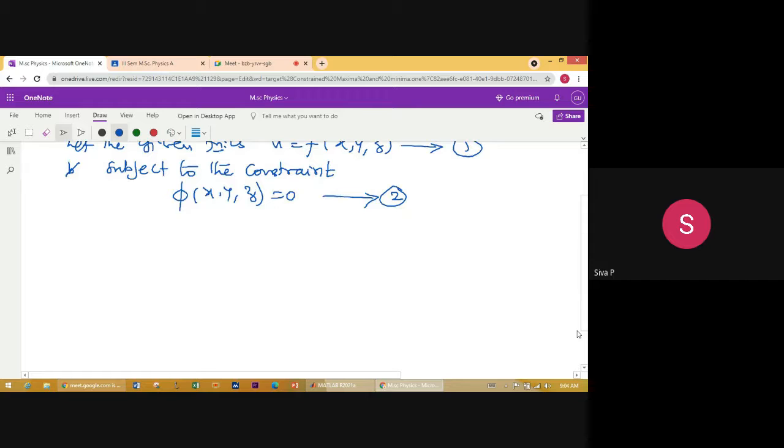So the given function is u equal to f of x, y, z, with phi of x, y, z equal to 0.